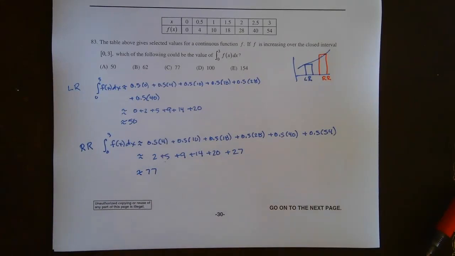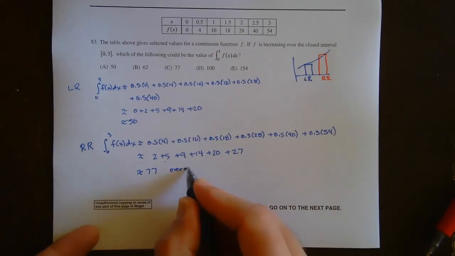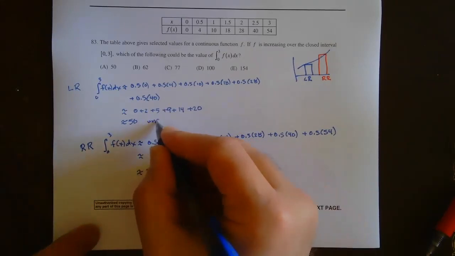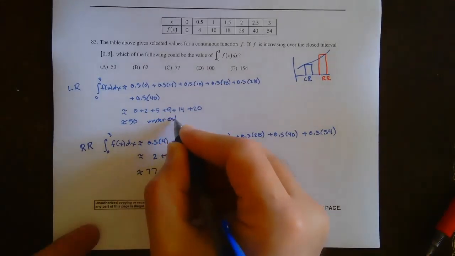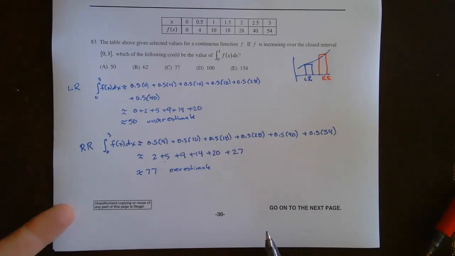Okay, so now what is this one? This was an overestimate, right? And this was an underestimate. Okay, so therefore it has to be somewhere in between, right? And that would be 62, like I said earlier, right?